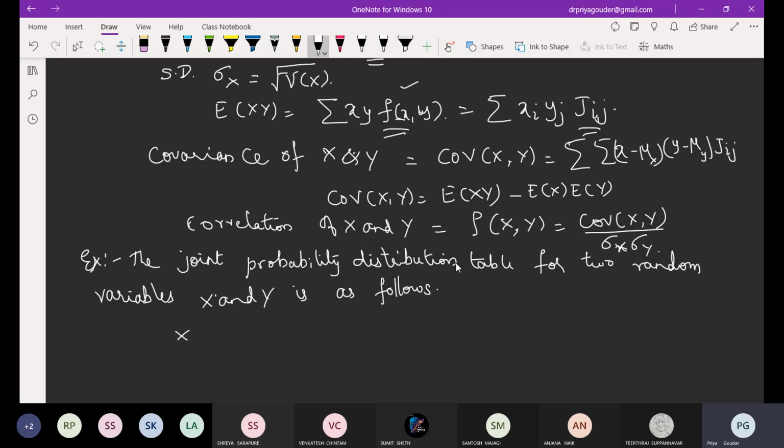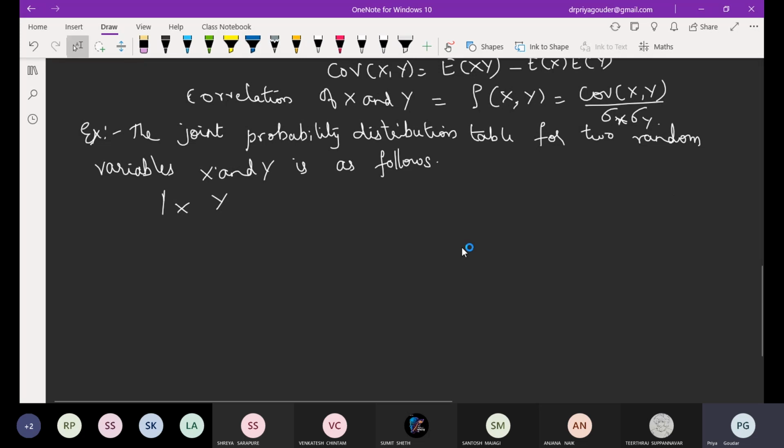We write a table containing X and Y. Take one, take it like this.